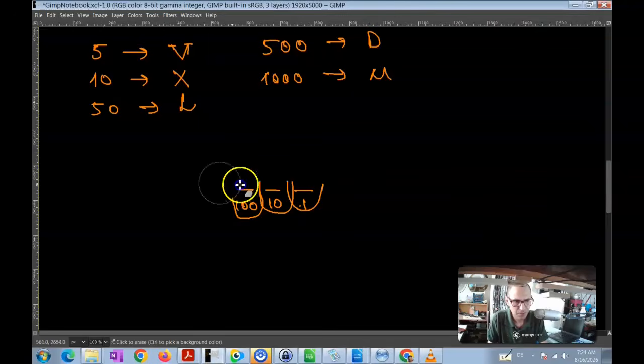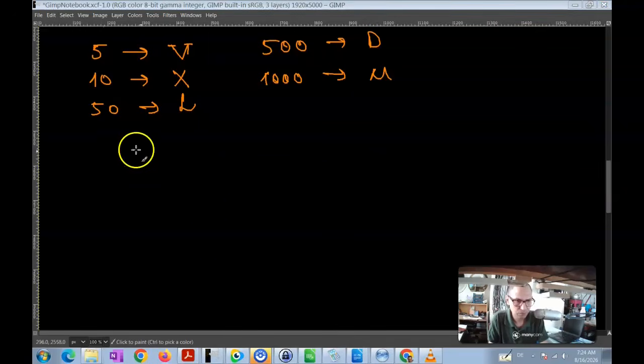Now the decimal number system is a positional number system, but the Roman number system is not. It works based on the principle which is called the additive principle.